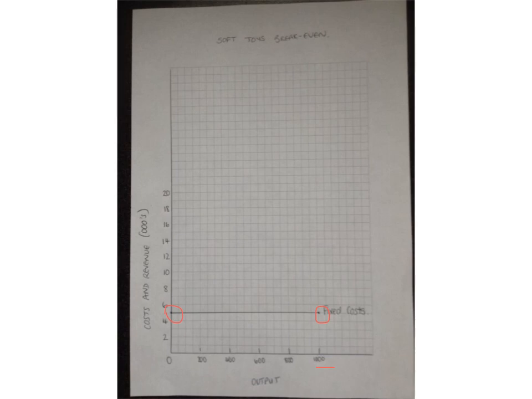Now the important element here is that none of my lines go beyond my maximum output, because remember, we always refer to our costs within a given range, and you don't know that this factory for soft toys can make more than 1,000 products, so you must stop your line at the maximum output.